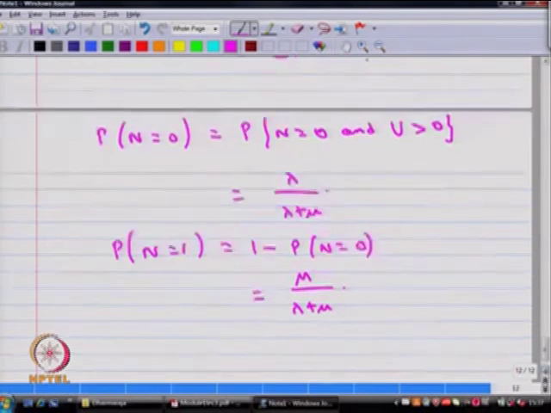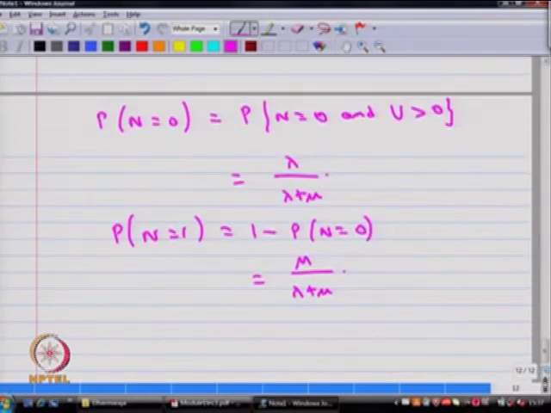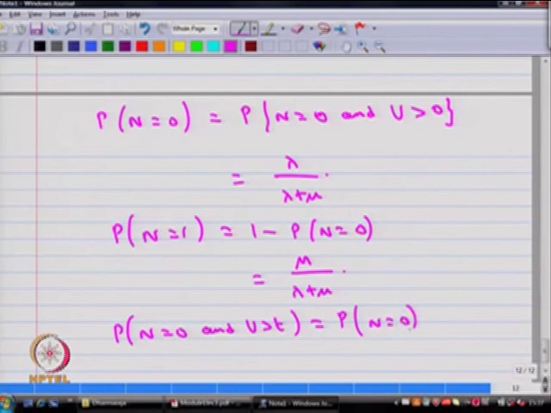If you observe, probability of N equal to 0 and U greater than t, that is the same as probability of N equal to 0 multiplied by probability of U greater than t.